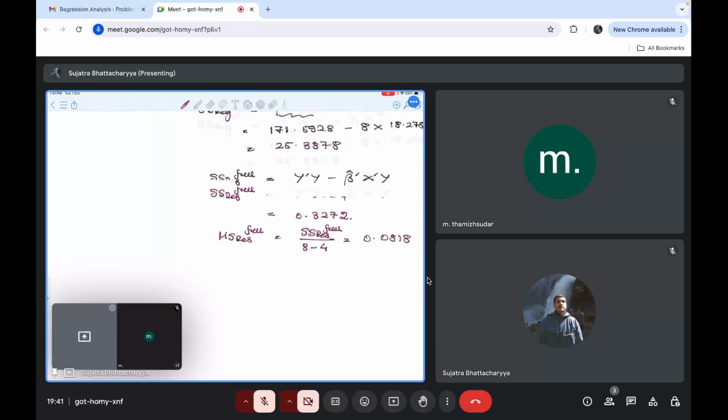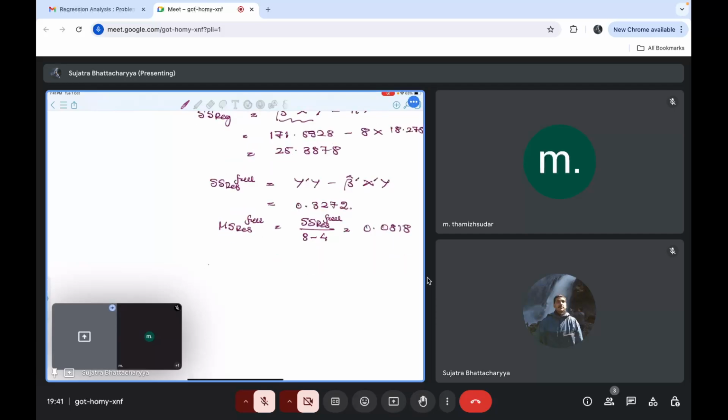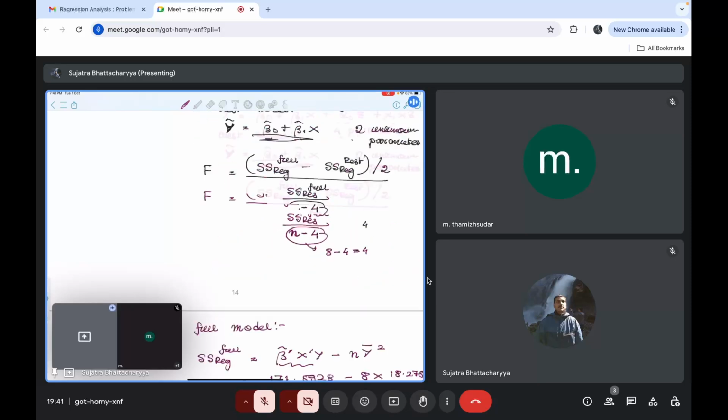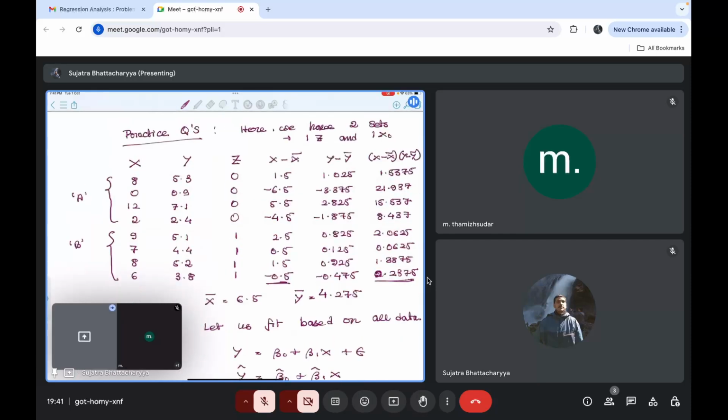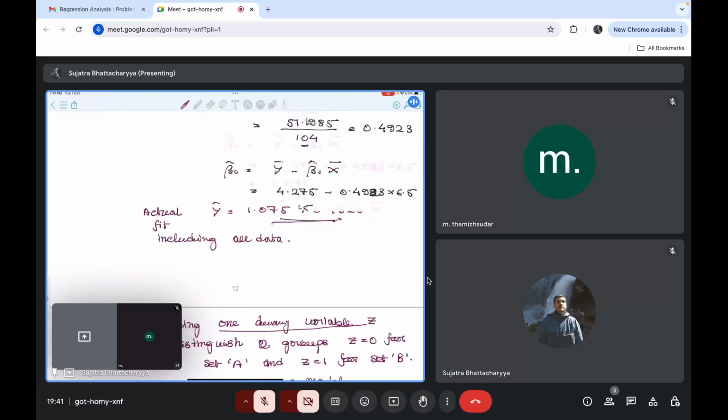We know SS total is nothing but summation yi minus y bar square, which is 25.715. How will you get it? Look at the table. We have already calculated this. Square these values and add them. So that will give you SS total.